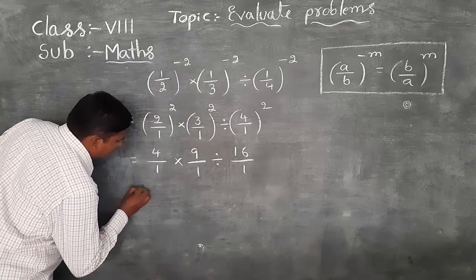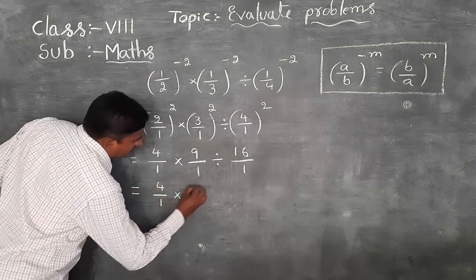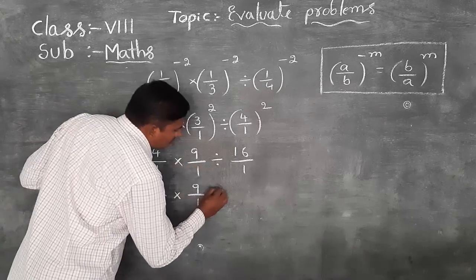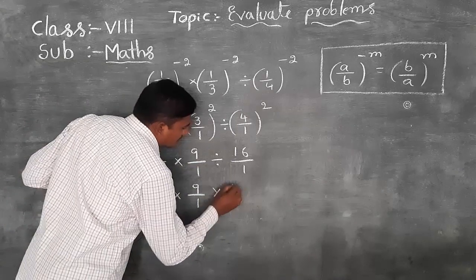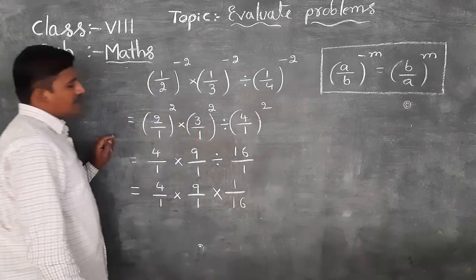It is equal to 4 by 1 into 9 by 1. Instead of division, what should we do? Multiplication should be taken, and its reciprocal is 1 by 16. 1 by 16.